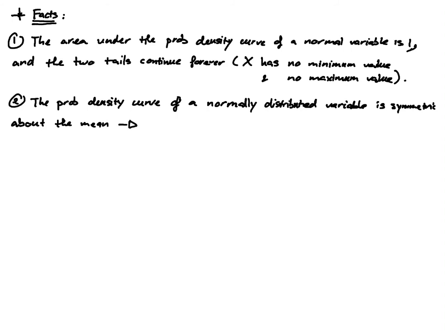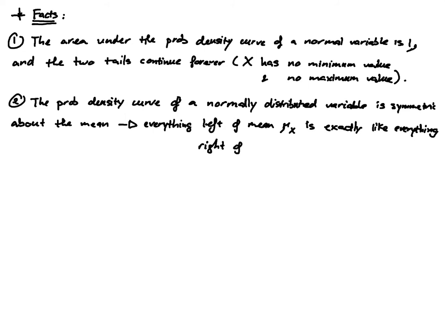So what that tells us is that everything to the left of the mean looks exactly like everything to the right of the mean. So everything left of the mean mu x is exactly like everything right of the mean mu x.